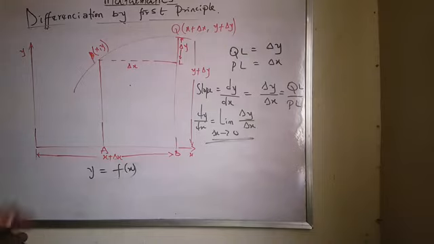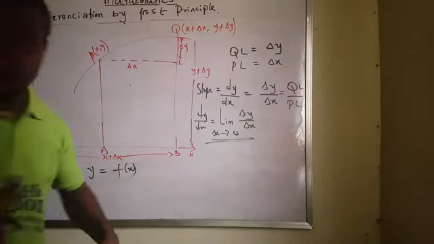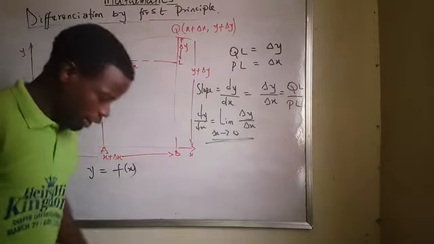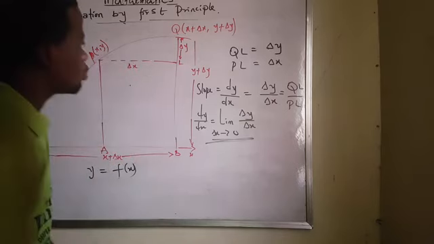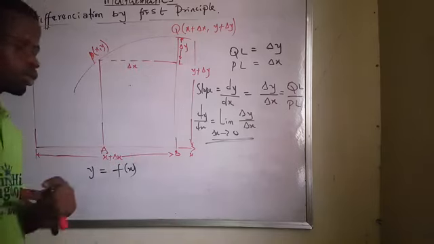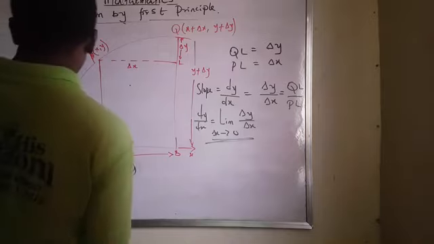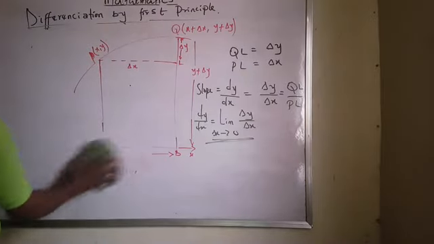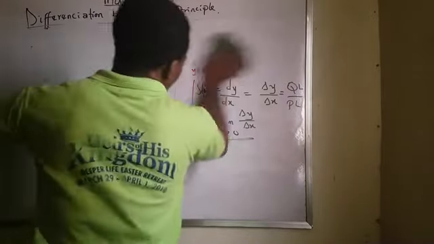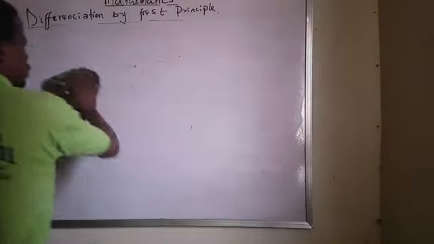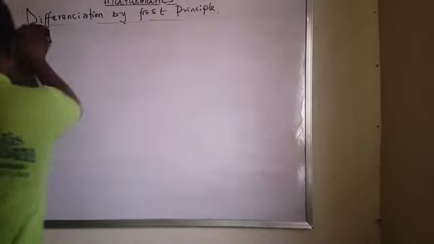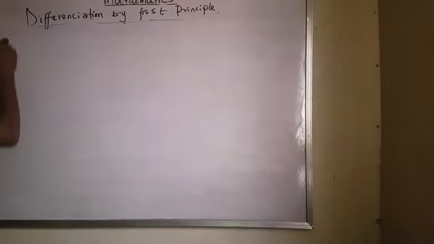So once you get the limit, that is equal to dy dx. This is what we're going to be doing. We are going to be solving 2 examples in this video. Please pay attention and do watch carefully. So here, let's have our first example. Example 1.